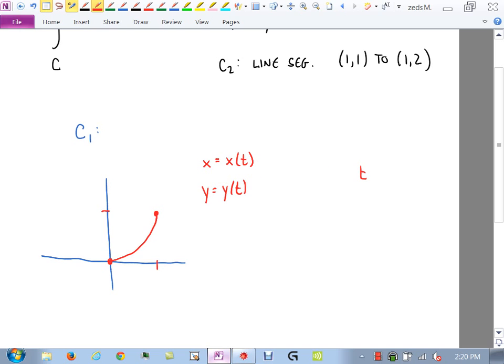And then I need to put some restrictions on t, right? I need like an a and a b. Now C, remember, comes from y equals x squared. Any suggestions?